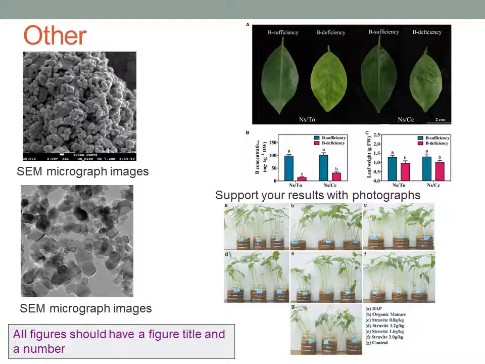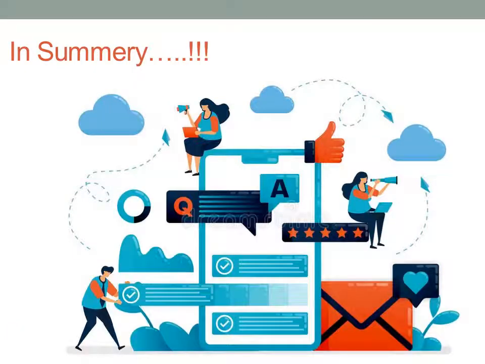Within the chapter, the position of the figure should be the figure number. Then always remember to write the figure title meaningfully so that the reader can grab all the necessary information from it. Okay, so let's see the summary.